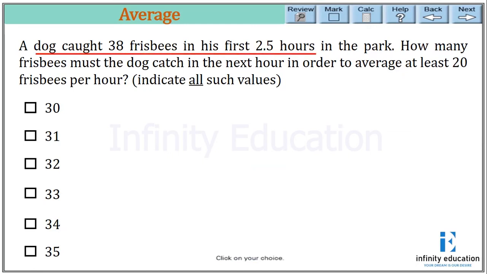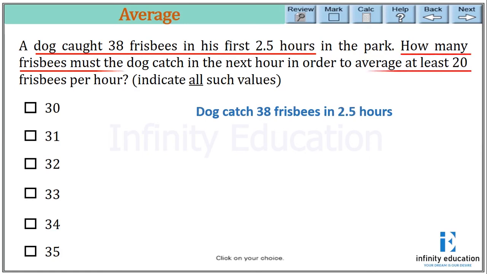So the first information is the dog caught 38 frisbees in his first 2.5 hours. The question is, how many frisbees must the dog catch in the next hour in order to average at least 20 frisbees per hour?